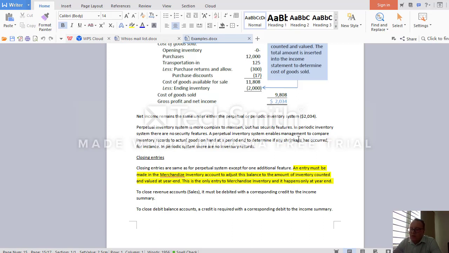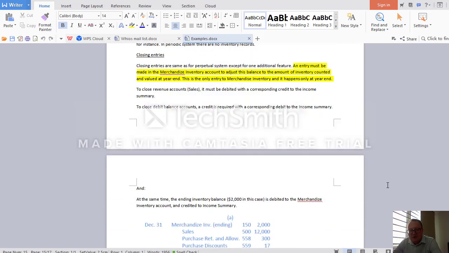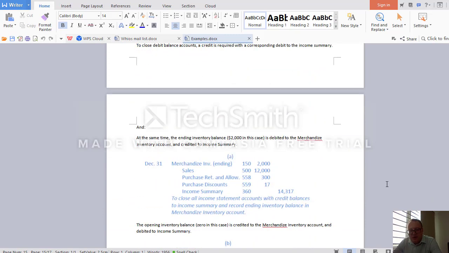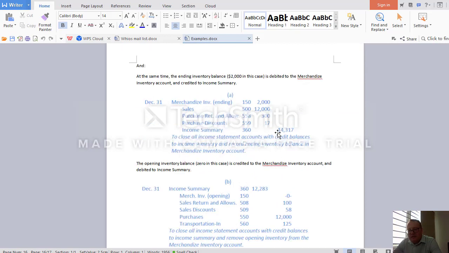And all various expenses, their balance is debit, they will be credited against income summary, and the difference would be found, of course, between two sides of the income summary account, and the difference will give you 2034. That will be your net income that will go to retained earnings.